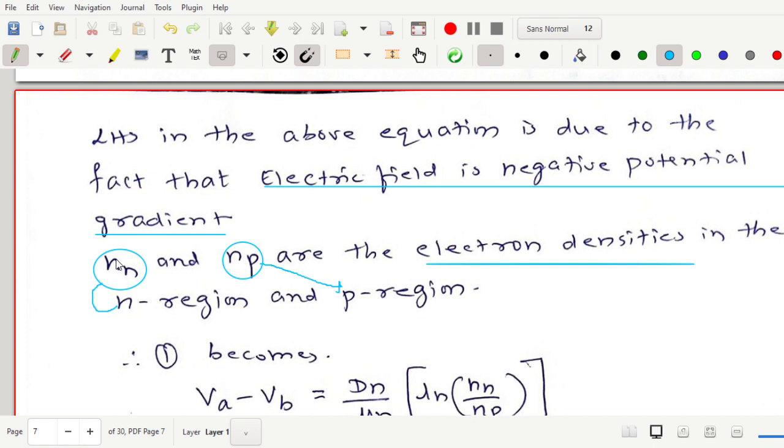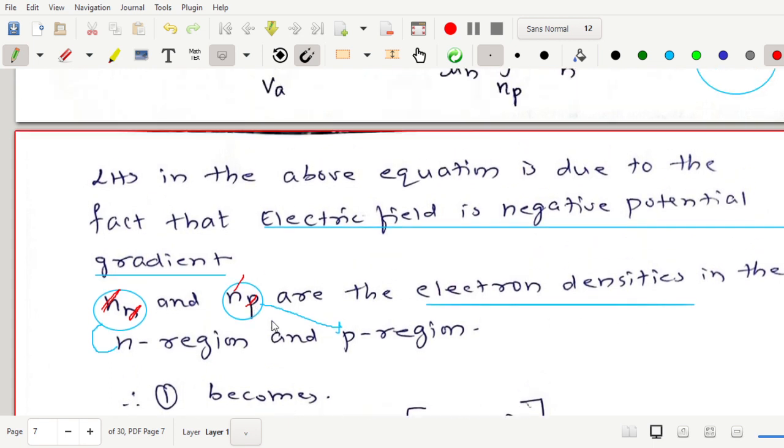So this n denotes electron density, and these subscripts denote the region. This denotes the n region and this denotes the p region.